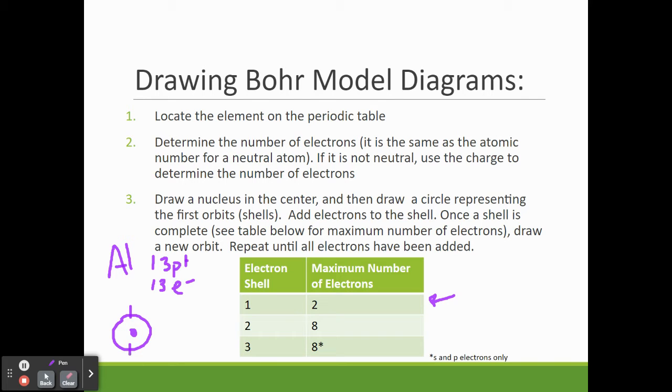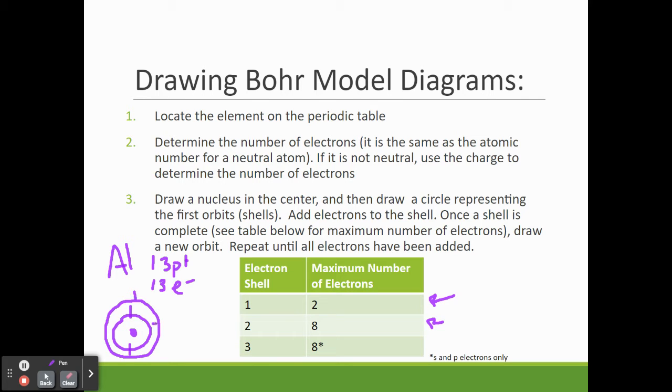So before I can add any more electrons, I need to draw another energy level. The second energy level can hold up to 8 electrons. So I'm going to start filling this. When we fill it with electrons, we have to do it in a specific order. I'm going to add them top, right, bottom, left, and then start doubling them up.